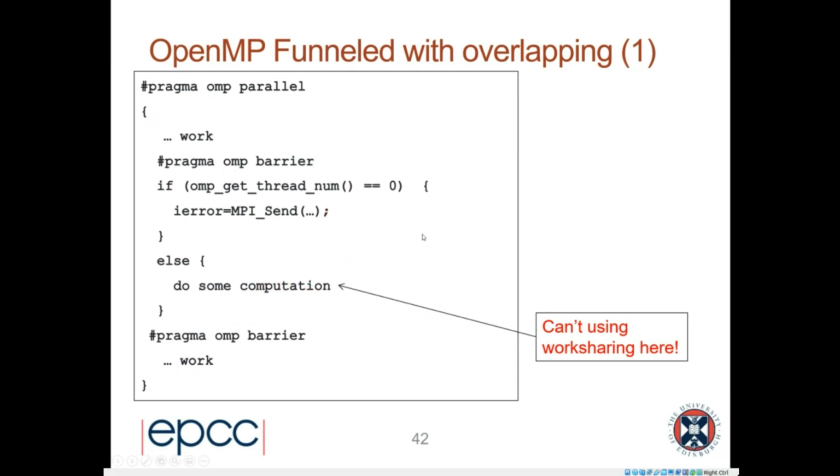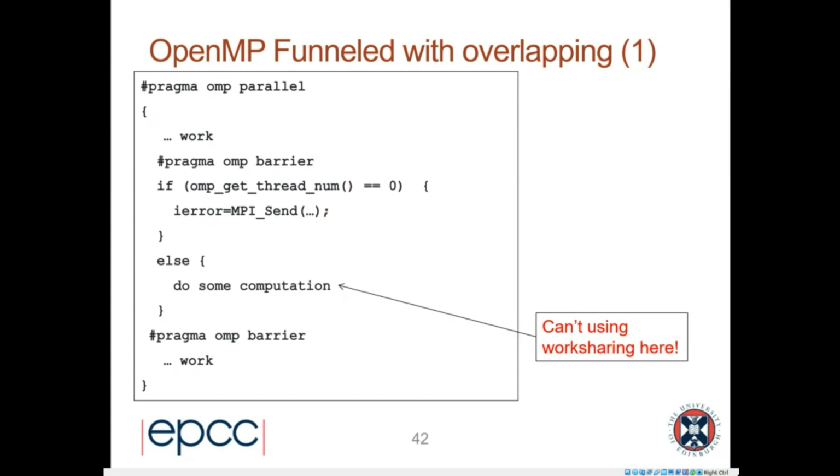However, although I've been able to do that in test programs where this is a dummy send and a dummy calculation, I have not been able to get similar success in real programs. The problem with this approach is you can't use the OpenMP work sharing directives here. Does anyone know why? Why can't you do OMP parallel for here, for example? You'll only know the answer if you've done quite a lot of OpenMP programming.